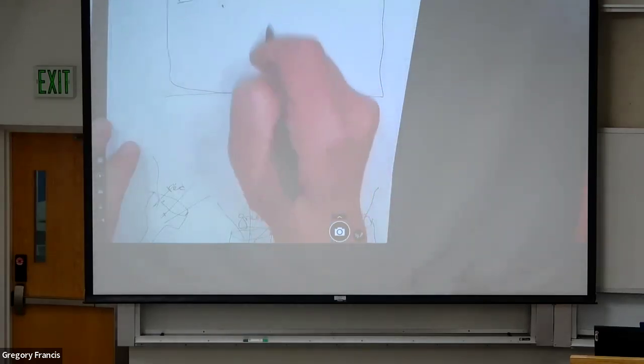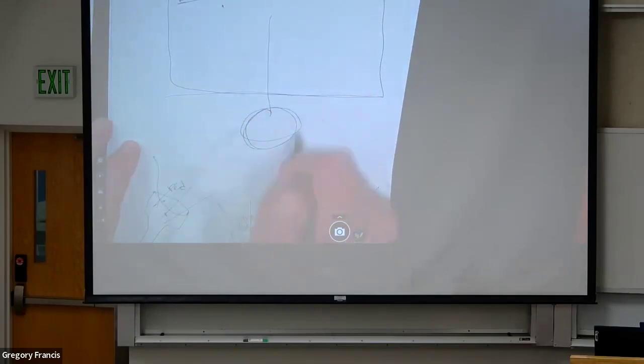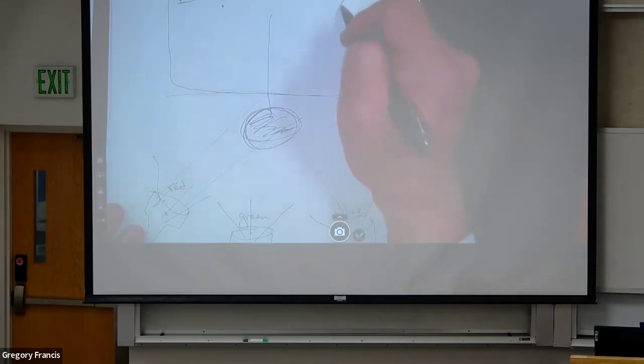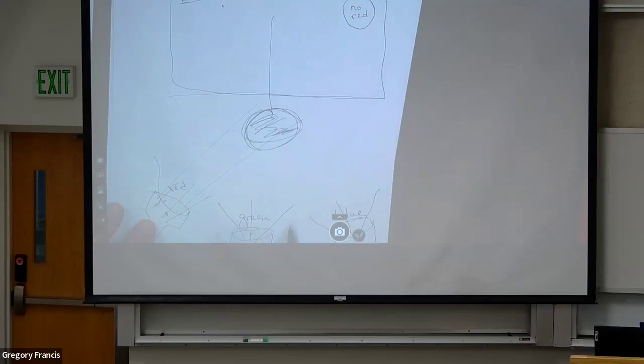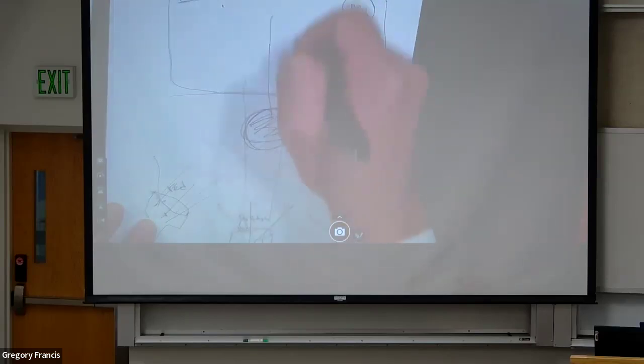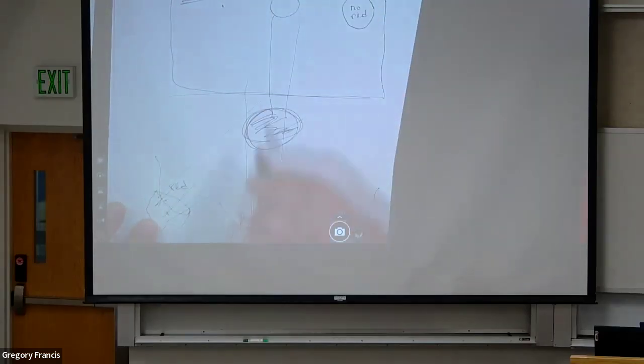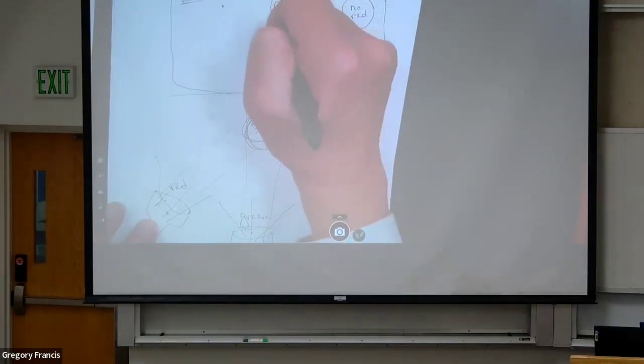But if I hang a big old clay ball in between the screen and the flashlights, the red light is going to get blocked over here. And so I'm going to get a region of no red. The green light is going to get blocked somewhere here. So I would have no green.